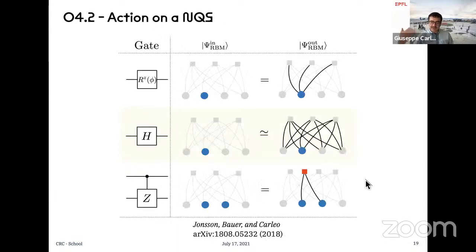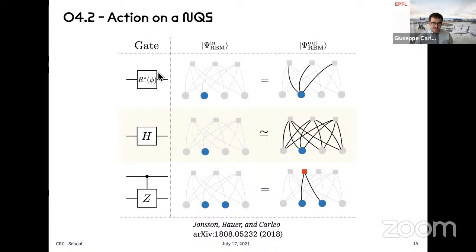Then it turns out, and this also answers maybe one of the questions that I had before, that you can apply 2 out of these 3 gates exactly on an NQS, but you cannot apply exactly the Hadamard. So specifically, what you can do is apply exactly, for example, a single qubit rotation.